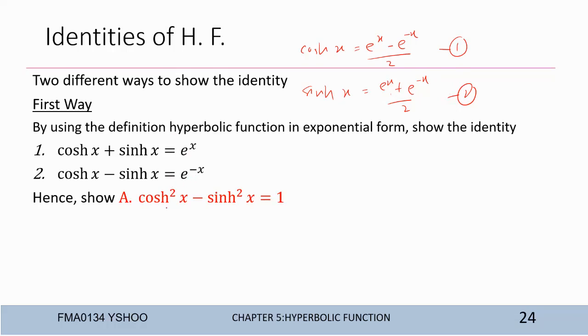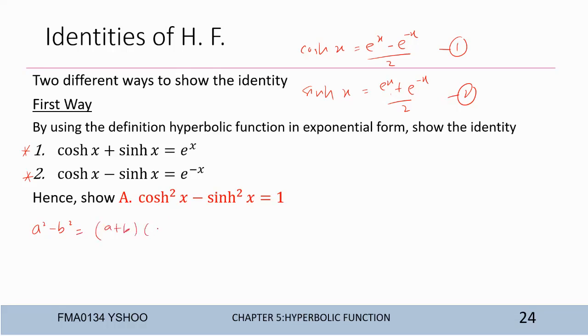By using this, the first one asks us to show cosh squared x minus sinh squared x. For students who are confused about how to link starred A and starred B to equation A, do you remember a squared minus b squared?